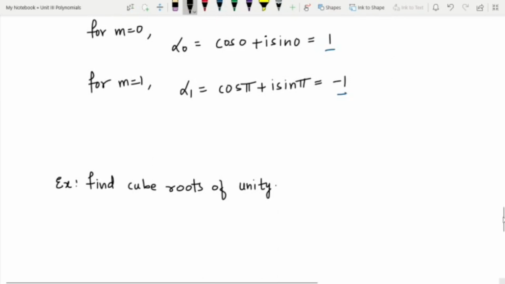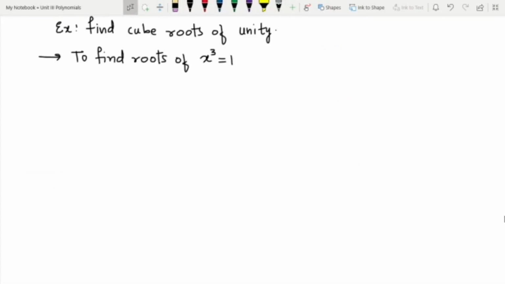Now we will move towards the next example where we have to find cube roots of unity, and this is interesting now. In order to find roots of x cube is equal to 1, we have the formula, right? So here value of n is 3.